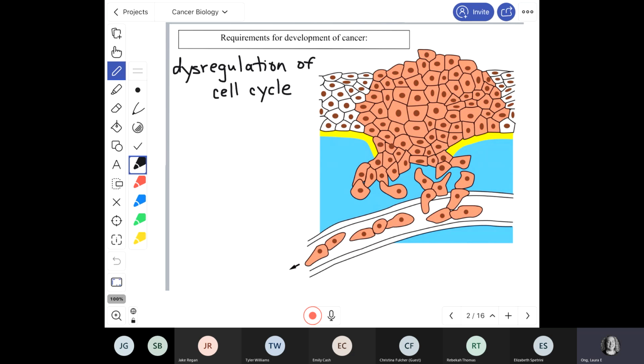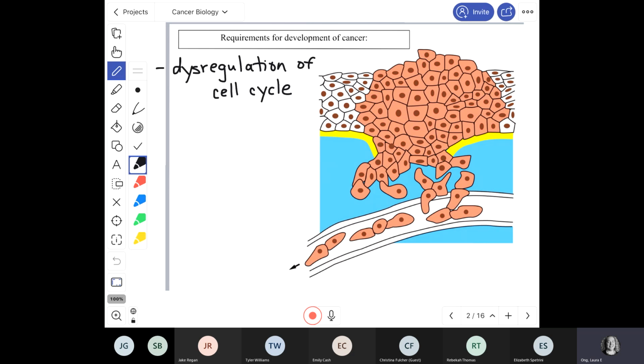Cancer is always going to come back to cells dividing too often, or dividing in the wrong direction, or losing their ability to monitor their DNA for mutations. So there's always going to be some kind of dysregulation of the cell cycle.